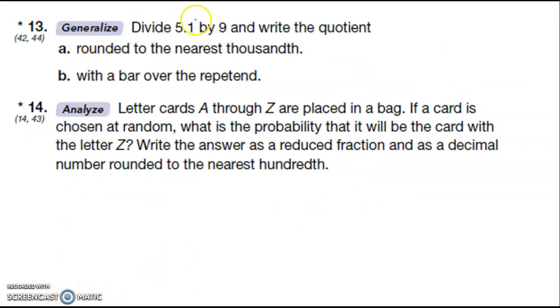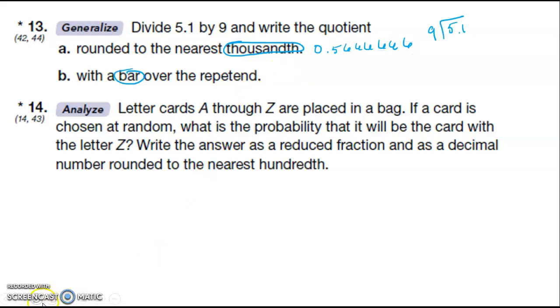Let's see. Divide 5.1 by 9 and write the quotient to the nearest thousandth, and then with a bar over the repetend. So I'm going to use my calculator, and I am dividing 5.1 by 9. Okay, so what I get is 0.56, and the 6 goes on forever.